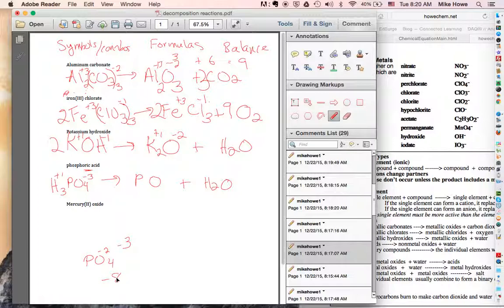So -8 plus something has to equal -3. What is X? It's 5. So the phosphorus is +5 up here, and oxygen's -2. So 2 times 4 is 8, 8 plus 5 is that -3. So over here, phosphorus is +5. We'll assume it stays the same. That's -2. So we'd have a P2O5 for our formula.